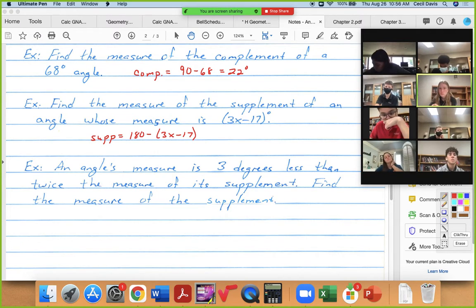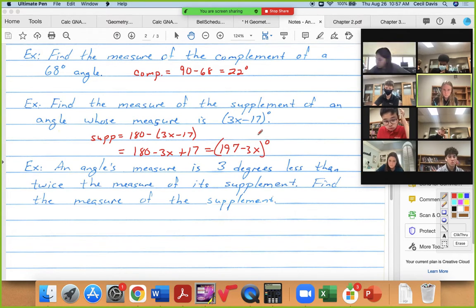They want to give a number. You can't give a number on this. There are two things that you don't know. You don't know the measure of the supplement, and you don't know x. So all I can do is simplify this side. This is going to be 180 minus 3x plus 17 when I distribute the negative. So it's 197 minus 3x degrees. That is the only answer that you can give for this.